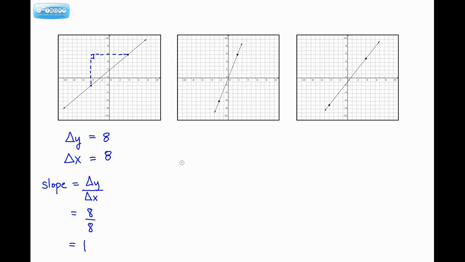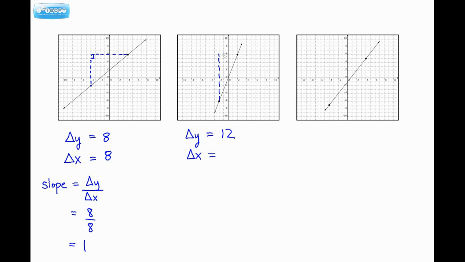Okay. Let's first determine from one point to the other, what is the vertical change? So to go from this point to this point, we obviously have to go up. So it should be positive. So 1, 2, 3, 4, 5, 6, 7, 8, 9, 10, 11, 12. That would get us there. So my delta y is positive 12. Alright, what's my delta x?